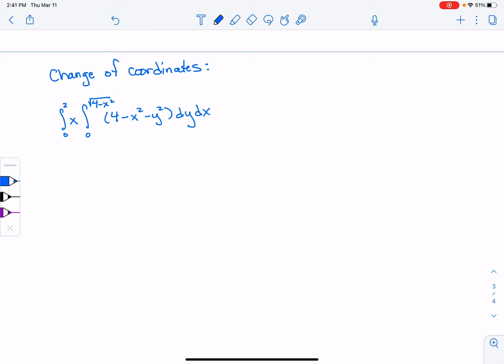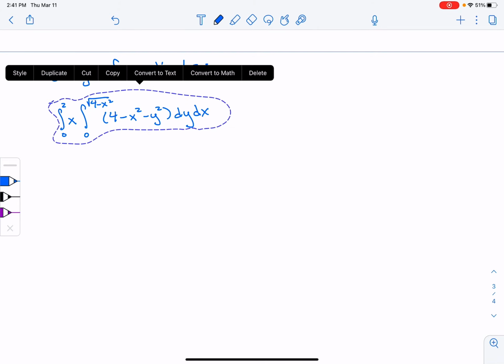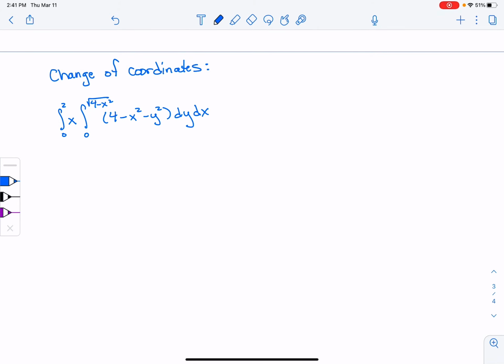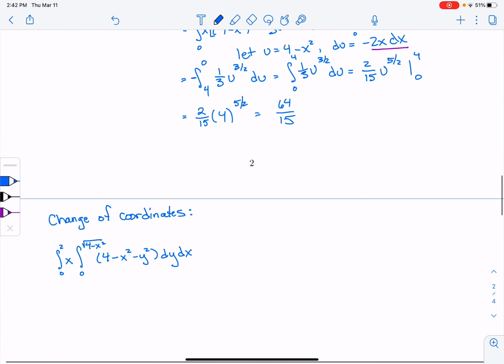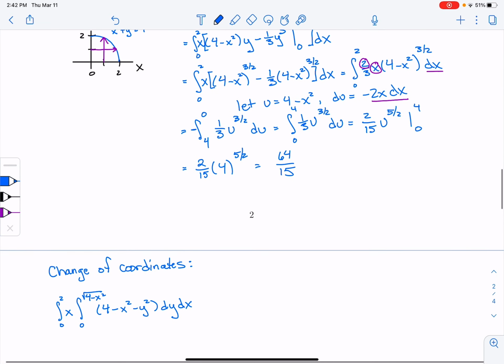Okay, so here I'm trying to do this integral, and I'm going to notice that it's over a very circular region, this circular region right here. Okay, it's a quarter circle, and so that quarter circle can be easily described in polar coordinates.